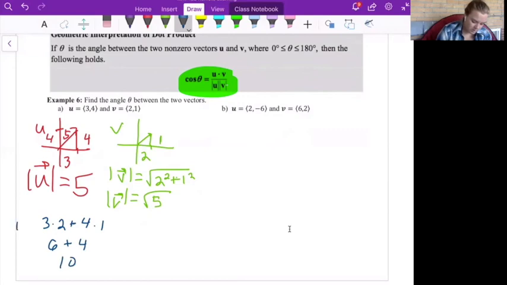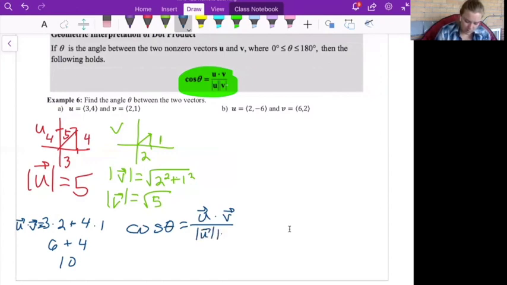So this is u dot v. So then we have cosine of theta equals u dot v divided by the magnitude of u times the magnitude of v.